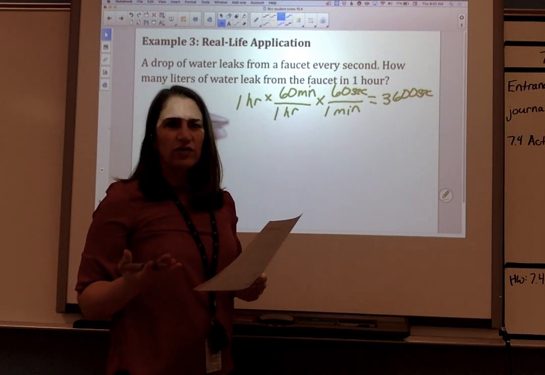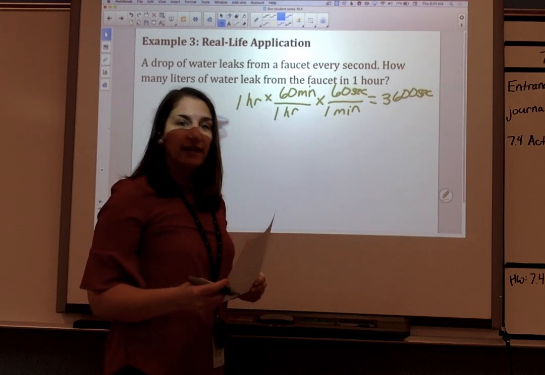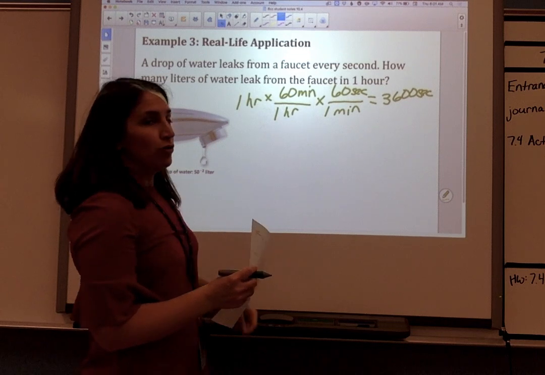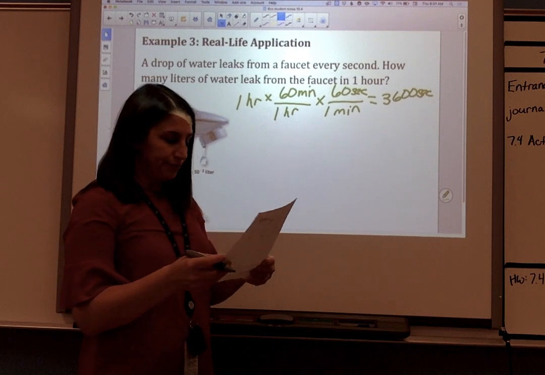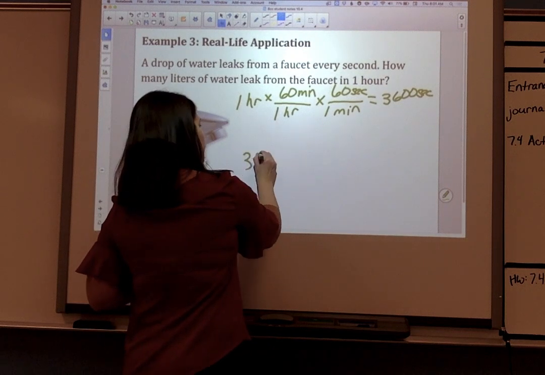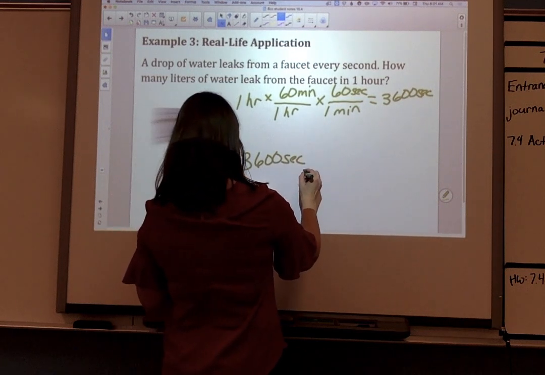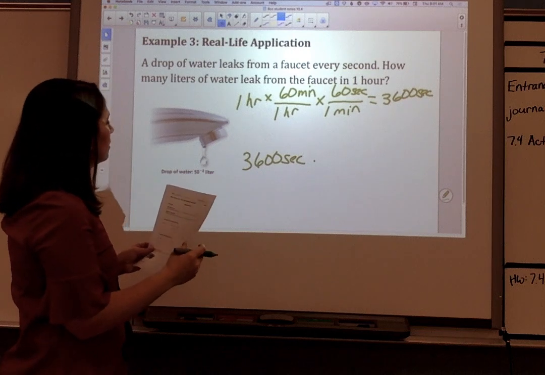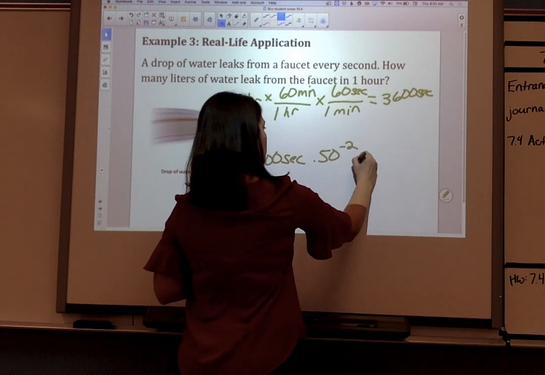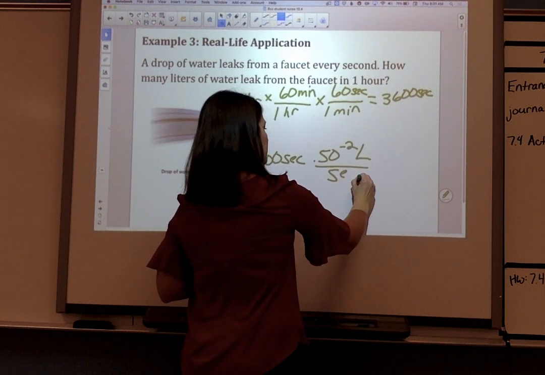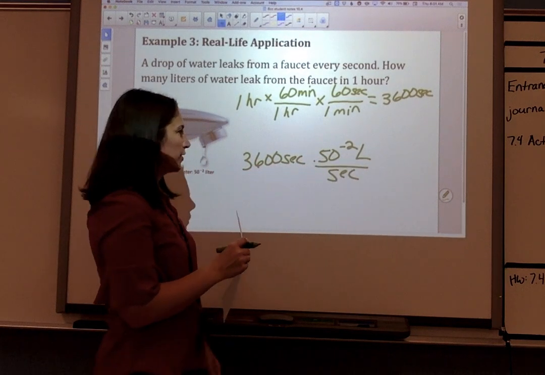Now, if we know that a drop of water leaks every second, we need to multiply our 3,600 seconds times the volume of a drop of water, which is 50 to the negative second liter. So we have 3,600 seconds times 50 to the negative 2 liters per second, because it's 1 drop of water every second, and here's the volume of a drop of water.